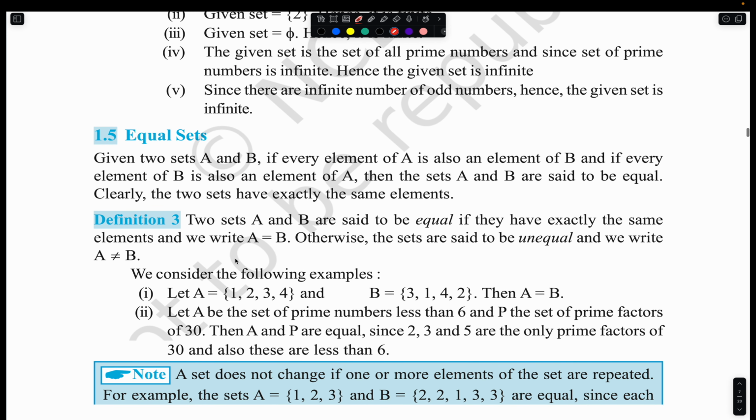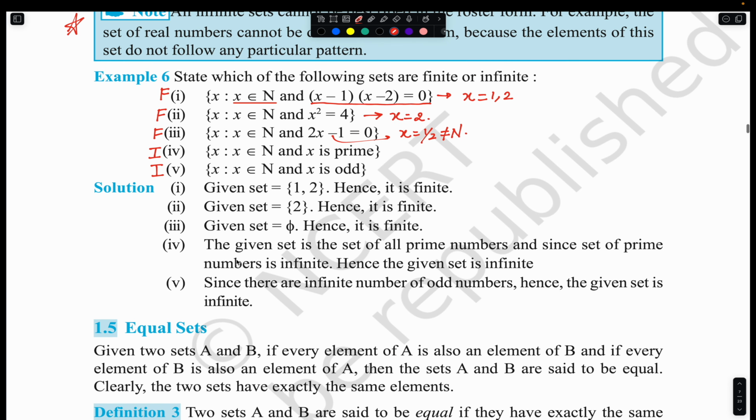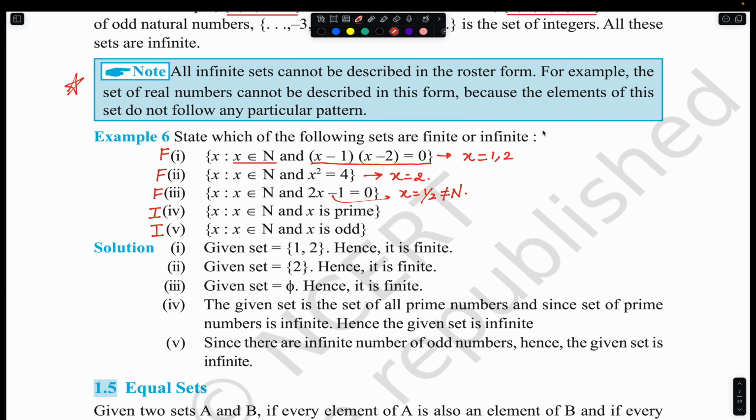So the previous three classifications that we have done are based on the number of elements inside the set. There is one more classification that we do, and that is called a singleton set. This is again based on the number of elements inside the set.